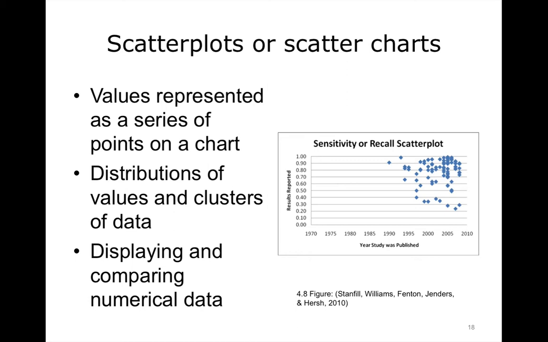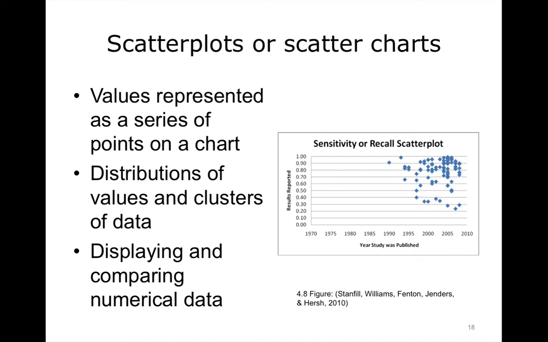And this particular scatter plot here, the results were reported as a sensitivity or recall scatter plot for computer-assisted coding that was tested between 1970 to 2010. The intent was hopefully that you would see over time the sensitivity or recall improved. And instead, what you see is still over here in 2010, you have sensitivity and recall that is 30%.